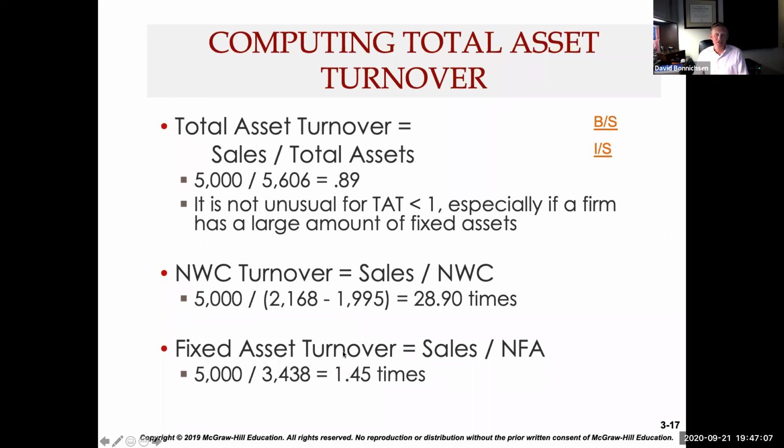But our fixed asset turnover is just the net fixed asset component of the balance sheet, okay? So 0.89 for total and 1.45 times for the fixed asset turnover. Right? And we're going to talk more about the total asset turnover as it relates to this DuPont identity theory here in just a second.